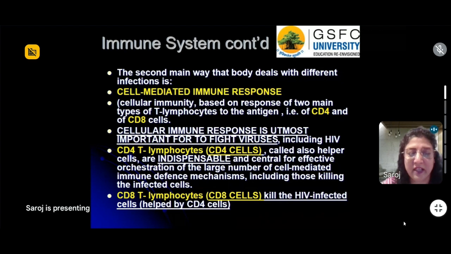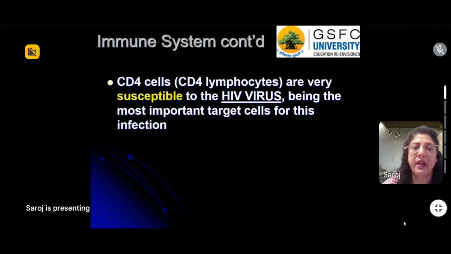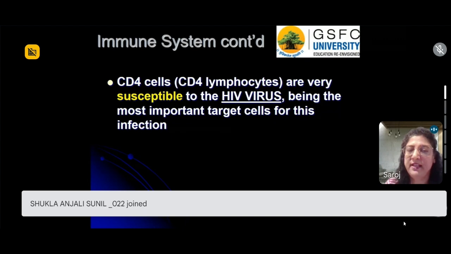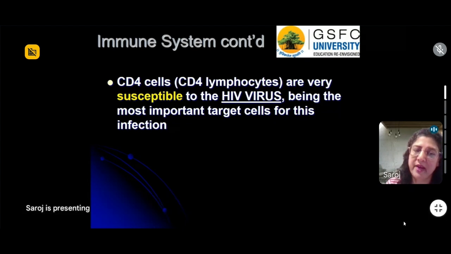When your T cells are infected, your own body mounts a response against these infected T cells, and that is how we lose our immune capability, because the cells which fight the pathogens are being killed by the virus. So CD4 cells are very susceptible to the HIV virus, being the most important target for this infection. Of all the cells, it is the CD4 cells that HIV targets.